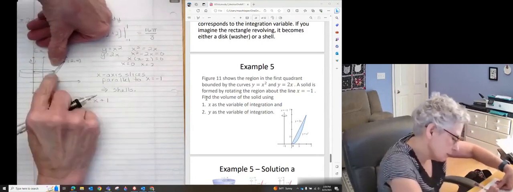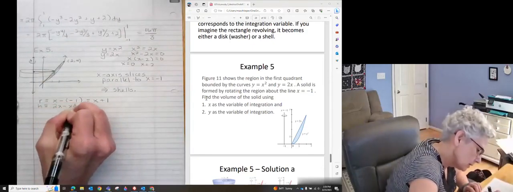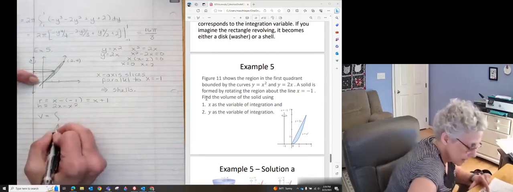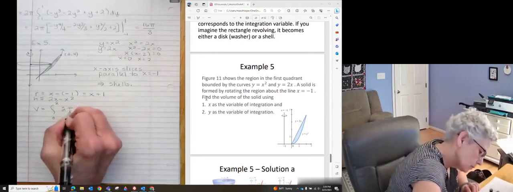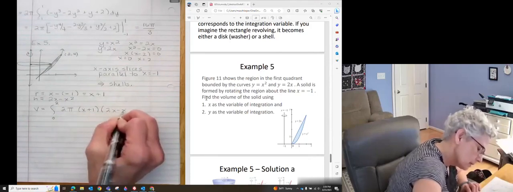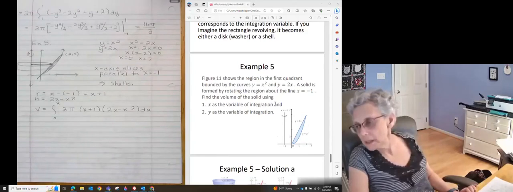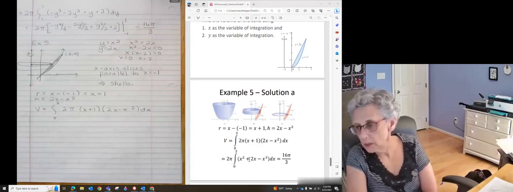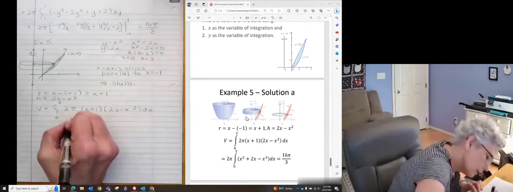My height is going to be the line minus the parabola, so 2x minus x squared. So the volume would be the integral as x goes from 0 to 2 of 2 pi times x plus 1 times 2x minus x squared dx. And that takes a little algebra.